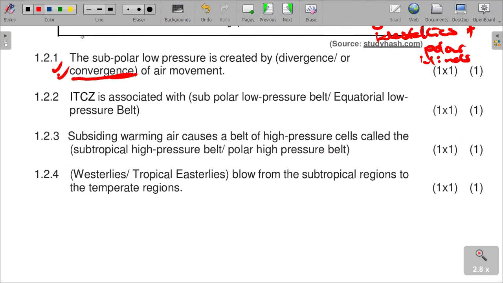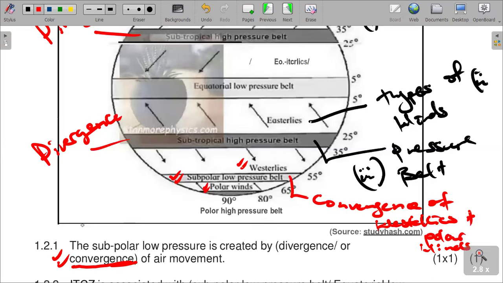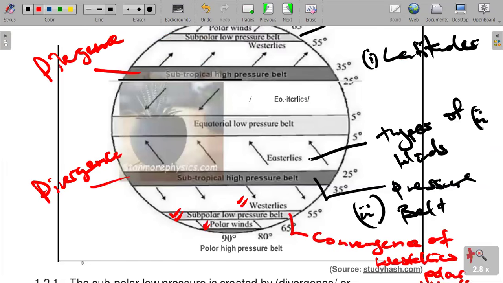And then, ITCZ is associated with dash pressure belt. ITCZ is associated with equatorial low pressure. The Intertropical Convergence Zone is associated with the equatorial low pressure belt, and its position is found closer to the equator.